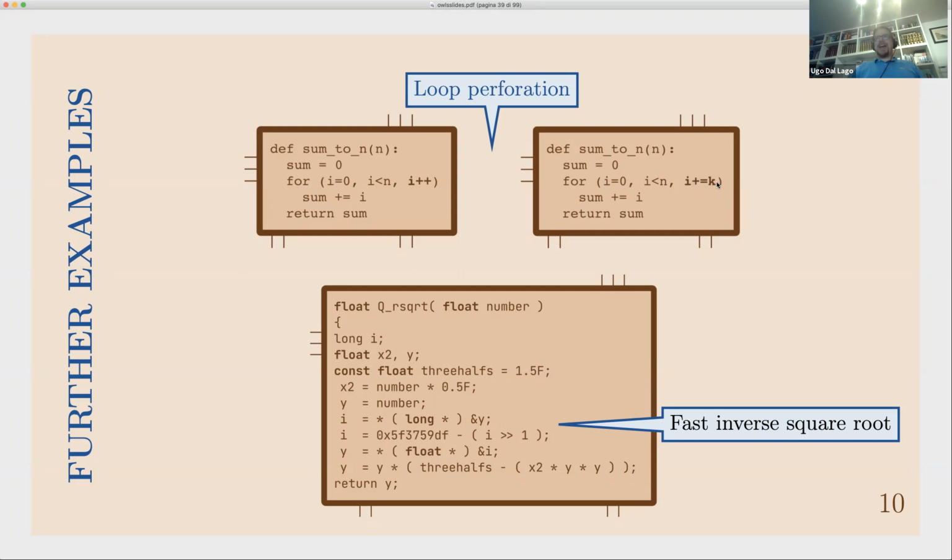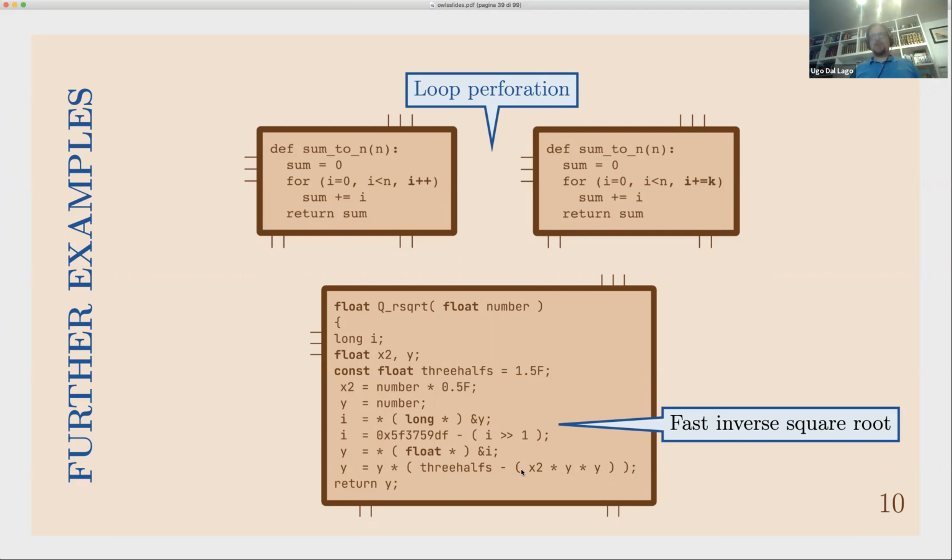So it skips k minus 1 iterations every time. And again, depending on the body of the for loop, for example, in this case, you just compute the sum of the first i natural numbers, but depending on the body of the for loop, this could make sense.